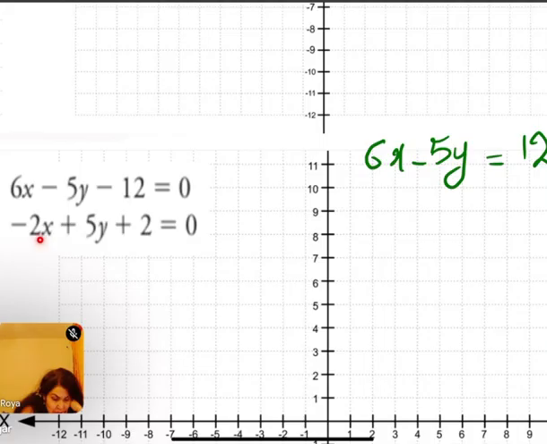Second equation, negative 2x plus 5y equal to, we have 2, so if you subtract 2 from both sides, or move 2 to the other side, it's going to be negative 2.